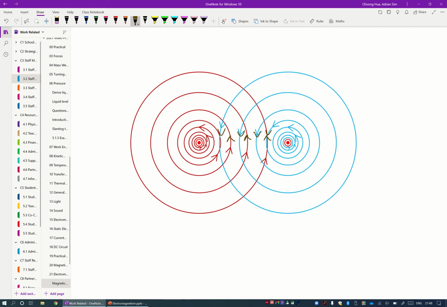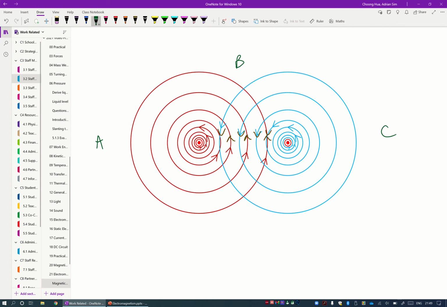So in a way, we can say that the magnetic field lines cancel each other. So if you're going to label the region A, B, C, in the region B, in the center between the two wires, the magnetic field lines cancel each other out.